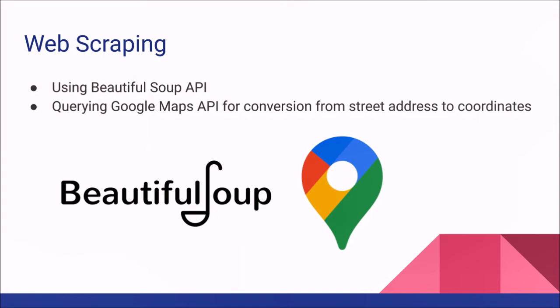Once we have this location, we then pass the address and location information into the Google Maps API in order to convert that address information into latitude and longitude coordinate points. Once we have those coordinate points and all the other information packaged together, we then upload this information into the SQL database for use by later parts of the program.